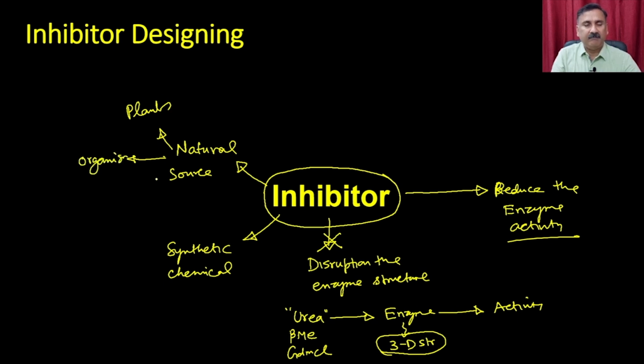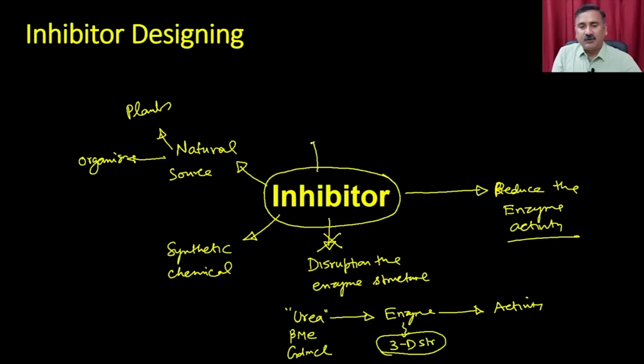Some of the marine sources can give you molecules which are going to serve as an inhibitor. For example, many snake venoms could be a source of inhibitors, or scorpion poison and so on.